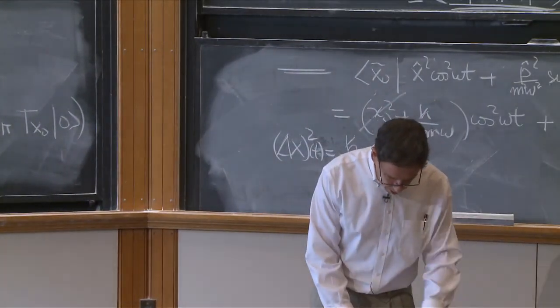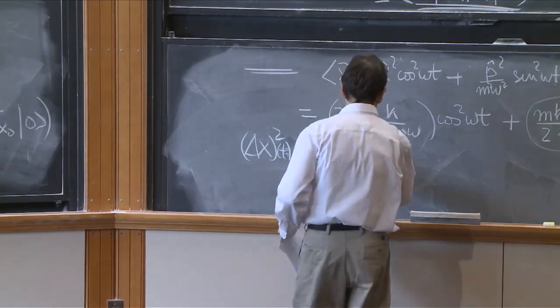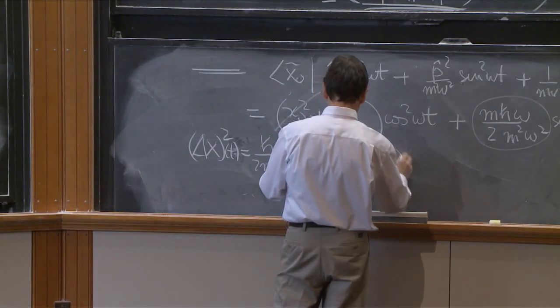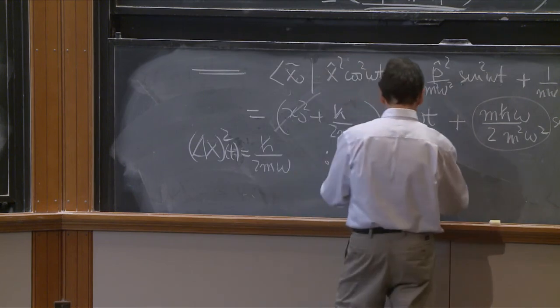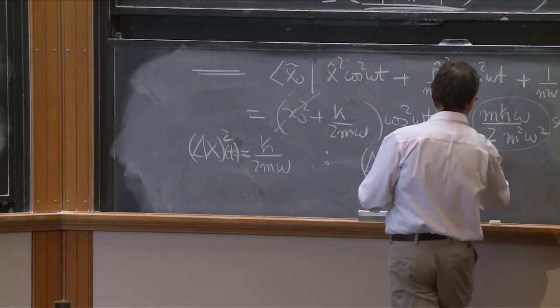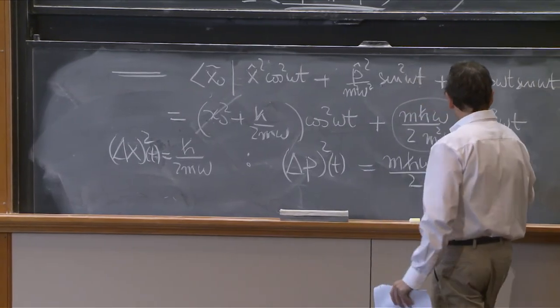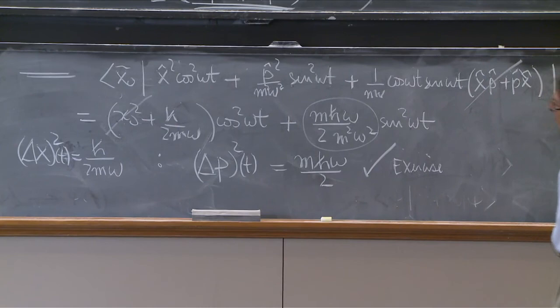You're supposed to compute now as well the uncertainty in p. I leave that as an exercise. Delta p squared of t equals m h bar omega over 2. So this is an exercise. Practice with coherent states. It's worth doing it.